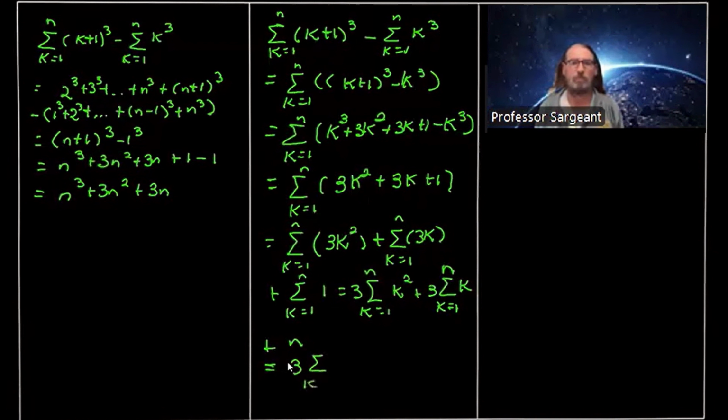So 3 times the thing that we're looking for, the sum of the squares of the first n positive integers.